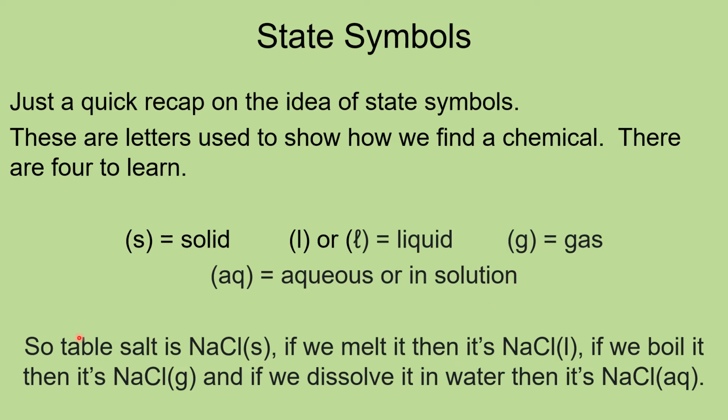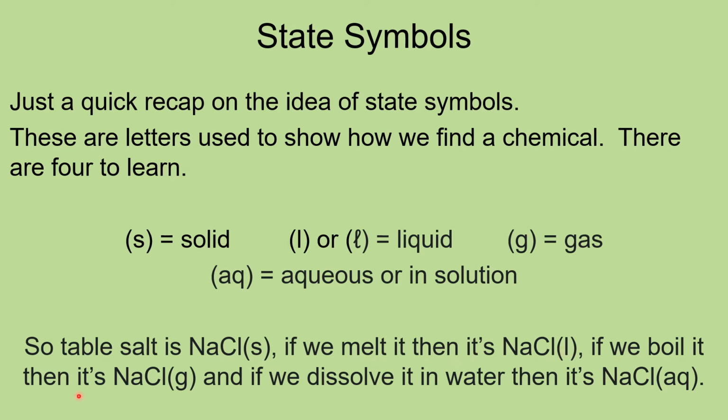So the example you can see along the bottom of the screen, if we take table salt, the stuff that you put on your chips, in its normal form that you're used to, it's NaCl with an S in brackets, so NaCl(s), meaning it's solid. If we heat it up enough to melt it, it's NaCl(l). That L in brackets means it's a liquid, so that's when it's melted down.